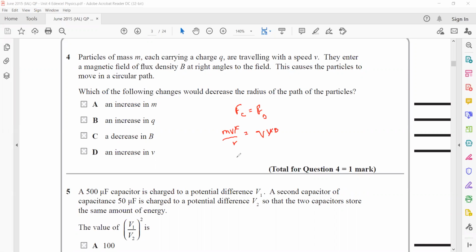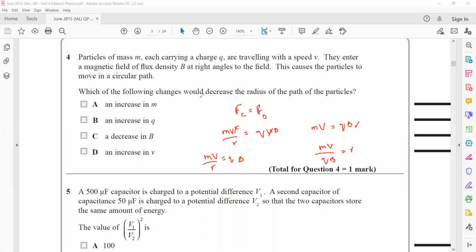So v will cancel with v. So we can say mv over r is equal to qB, or mv is equal to qBr, or mv over qB is equal to r.